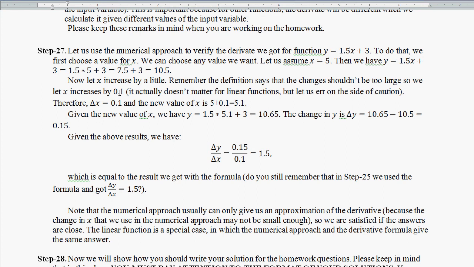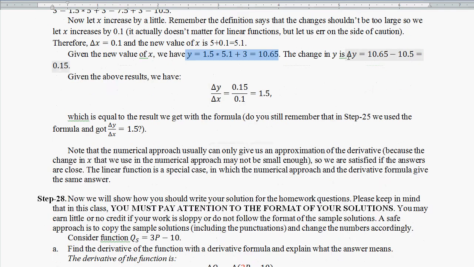Delta x means the change in x. Given the new value of x, which is 5.1, we have the new y. Then the change in y is equal to its new value minus its old value. So the change in y is 0.15.